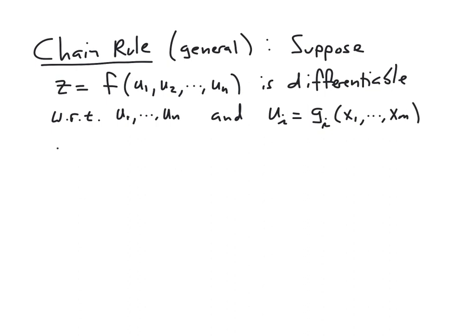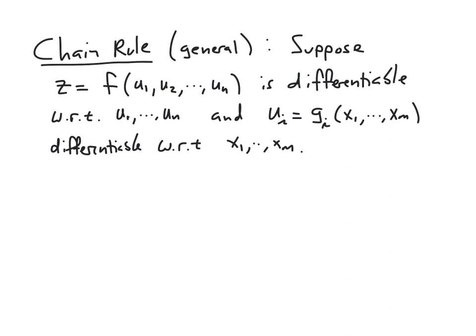We want that to be differentiable with respect to x1 through xm. All right, so this is our setup. We have z as a function of n variables, and it's a differentiable function, and each of those variables is a function of m other variables. And again, those are all differentiable with respect to those variables.